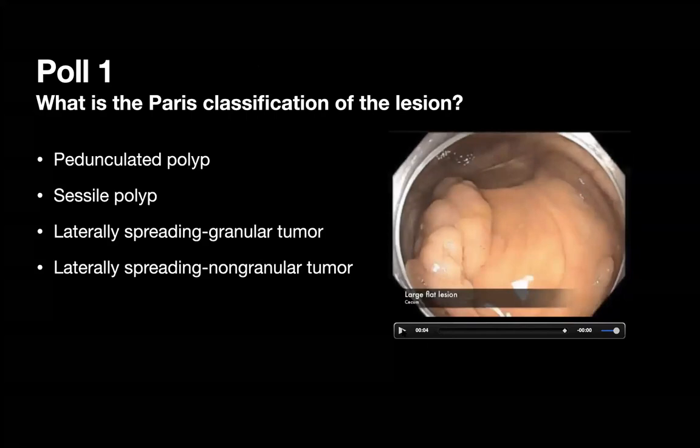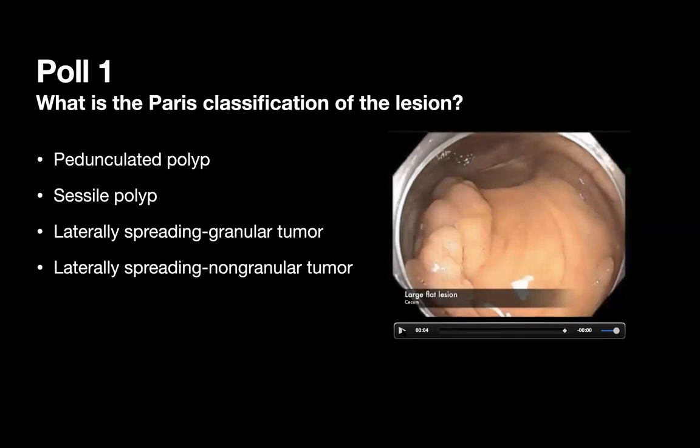The thinking was that when you look at a laterally spreading tumor, you wonder why a polyp would be growing to the side rather than growing upward. If you apply that in this situation, this polyp is actually growing upward more than growing to the side. So by definition, it is not a laterally spreading tumor.